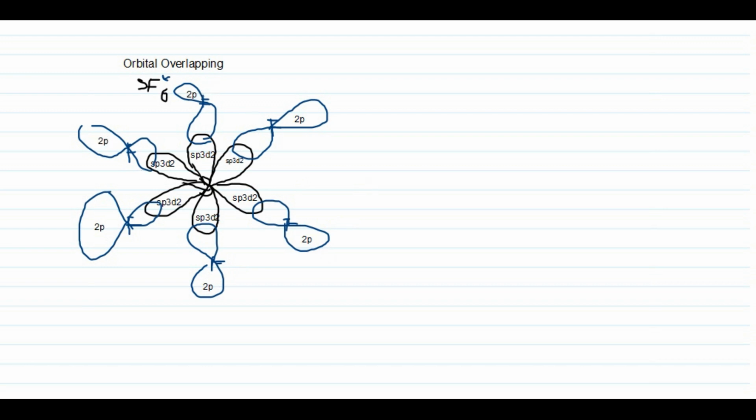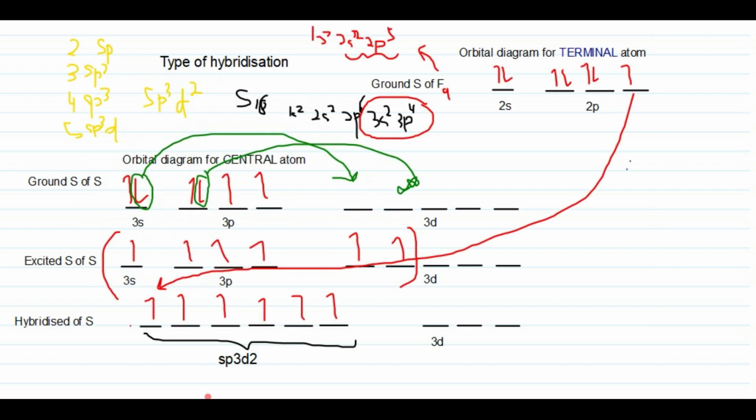Okay, and then the overlapping section here is the area where a bond is being formed. One electron here will be paired with one electron from the sp3d2 hybrid orbital. One terminal atom will combine with one electron of the sp3d2, and we have 6 of them, so each terminal atom will combine to form a bond.